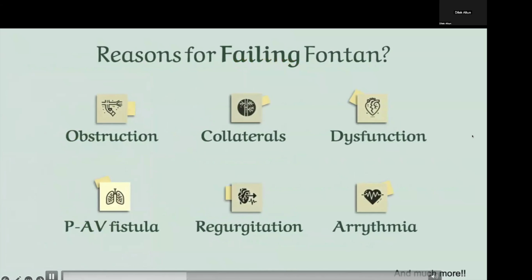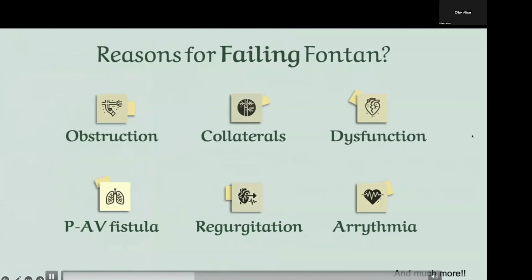Now let's discuss some of the key reasons for Fontan failure. Fontan patients can experience failure for a variety of reasons. Obstruction in the Fontan pathway is a common cause, as it impairs passive blood flow. Similarly, the development of collateral vessels can divert blood away from the lungs, reducing oxygenation.